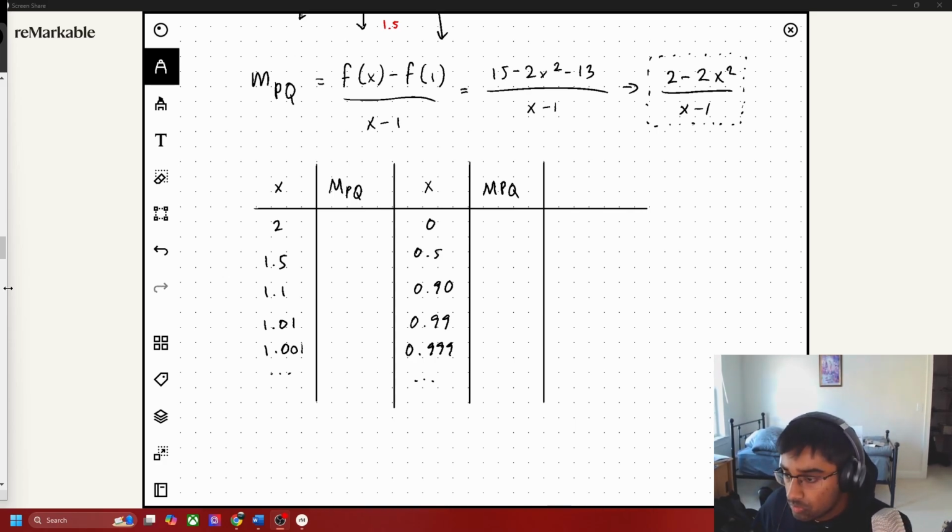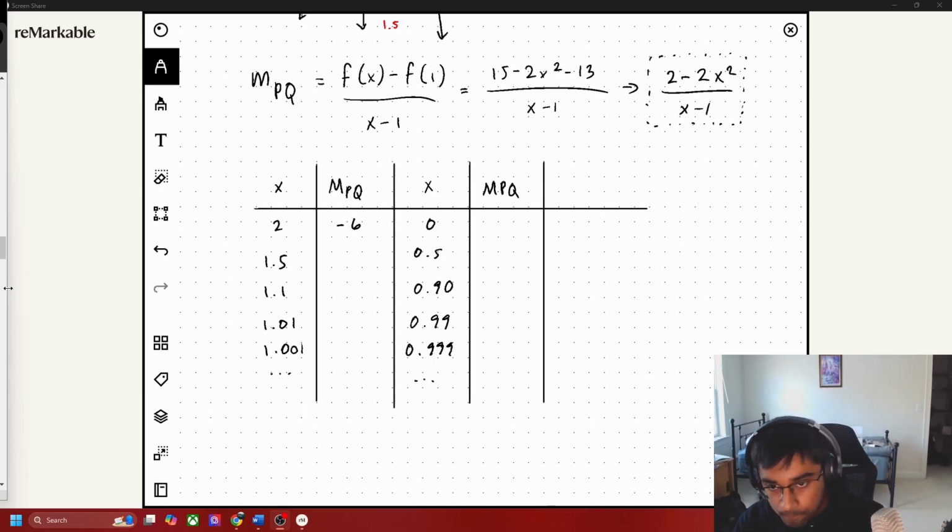So, we already solved for MPQ at 2, which is -6. And for these, I'm pretty sure you just have to plug into a calculator unless you're some kind of human calculator. If you plug into your graphing calculator, you can just get a table like this for whatever interval.